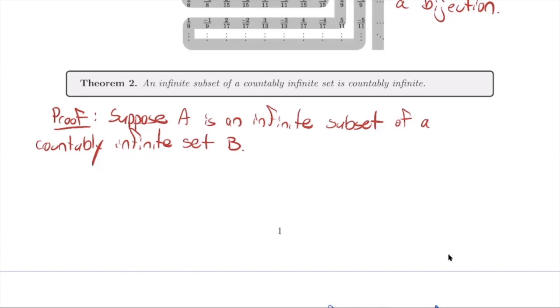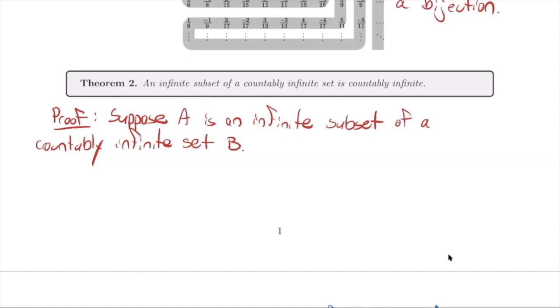So far I know any element of A is in B. What can I say about B? That B has elements that aren't in A. It might, if they're not equal to each other. That's right. But we want to prove that A is countably infinite.